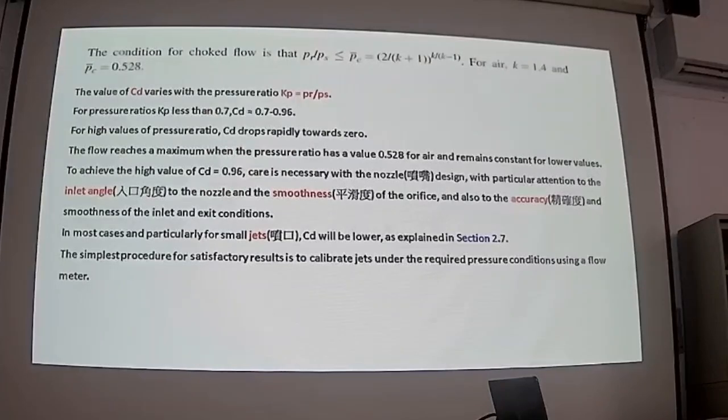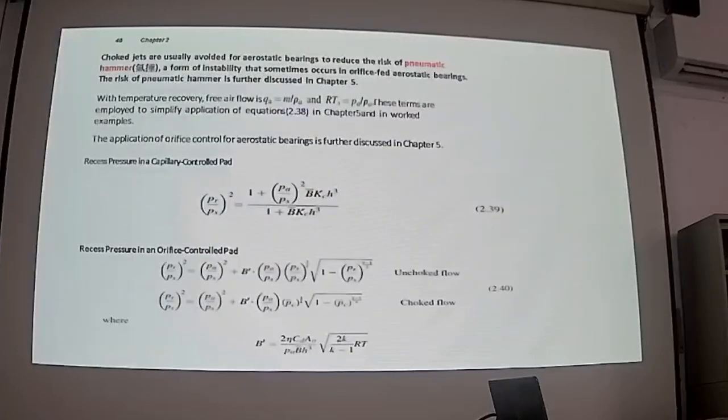Okay, we also have some relationships for the recess pressure, for the capillary restrictor. This is for the orifice restrictor.